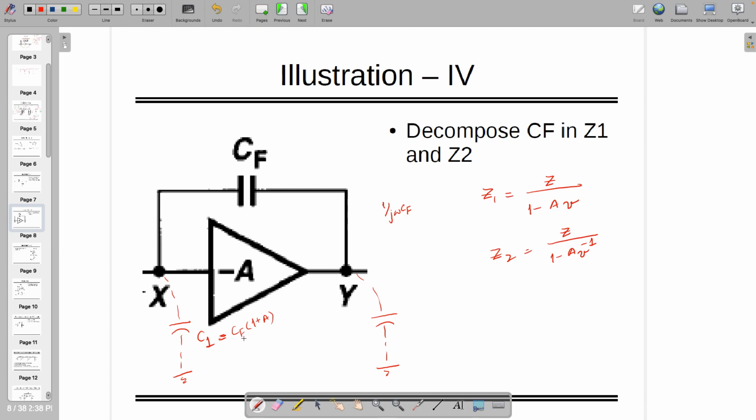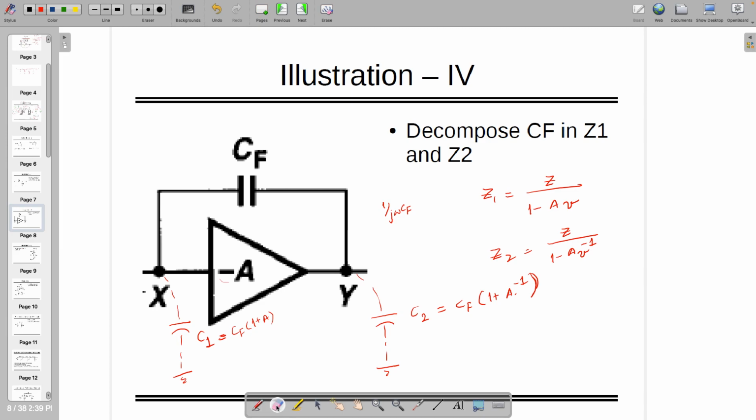So C1 is CF times 1 plus A, and what about C2? CF times 1 plus A. Minus is there. Sir, I think in Z2 in the denominator, A inverse minus 1 should be there.